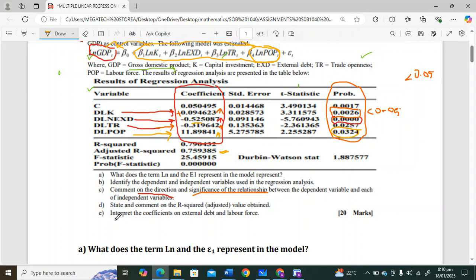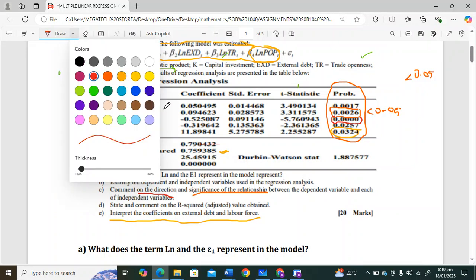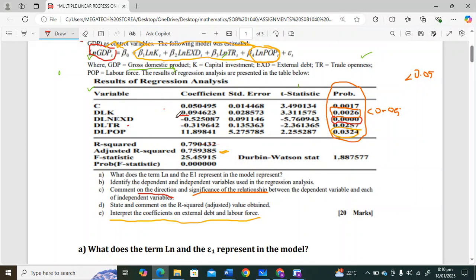Part E, interpret the coefficients on external debt and labor force. Okay, so that was what I was saying earlier on. If we look at the coefficient for external debt first, 0.525, it means if external debt increases by 1 unit, 1%, GDP reduces by 0.525%.